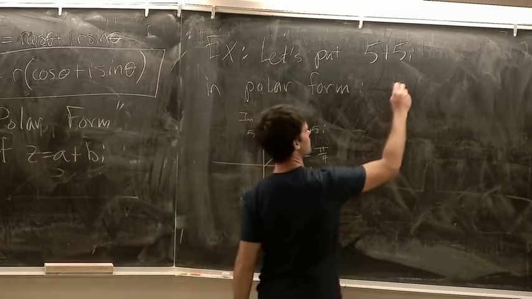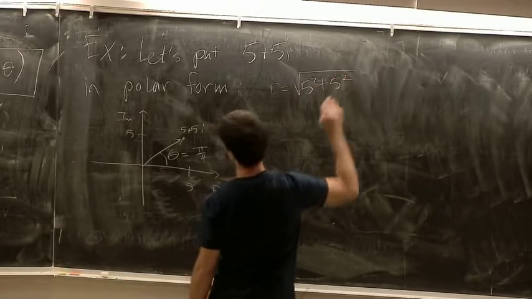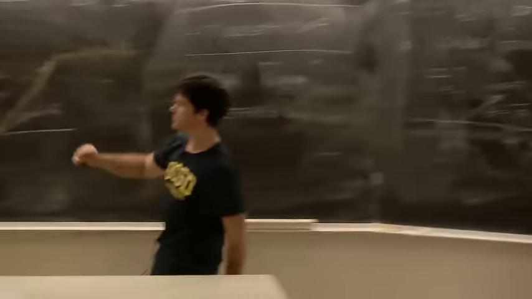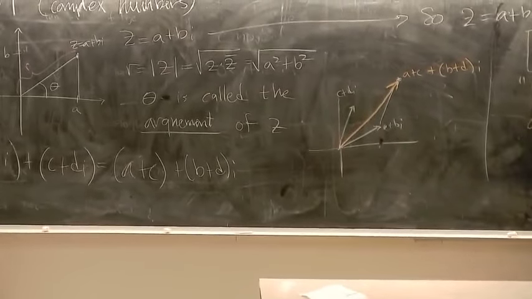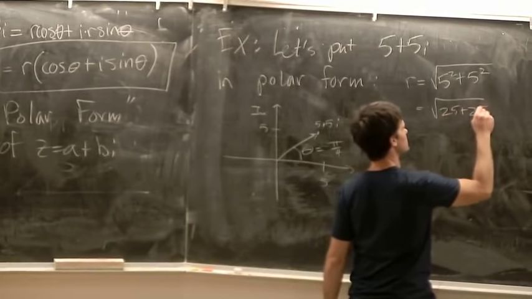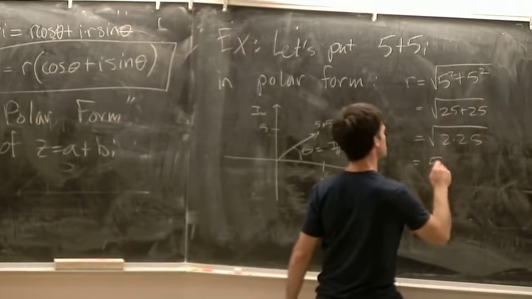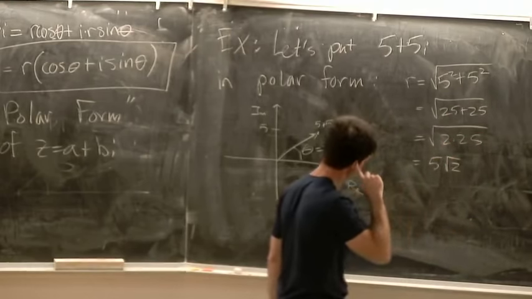Okay, and the radius, that'll be the square root of 5 squared plus 5 squared, according to this formula. So that's the square root of 25 plus 25. It's the square root of 2 times 25, which is 5 root 2.